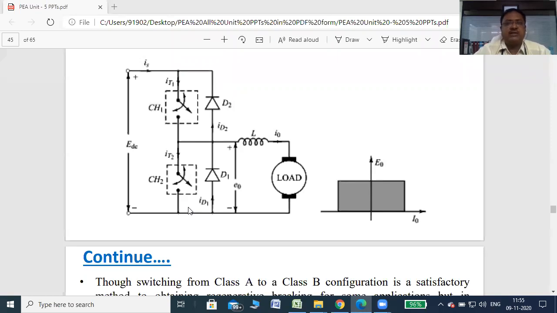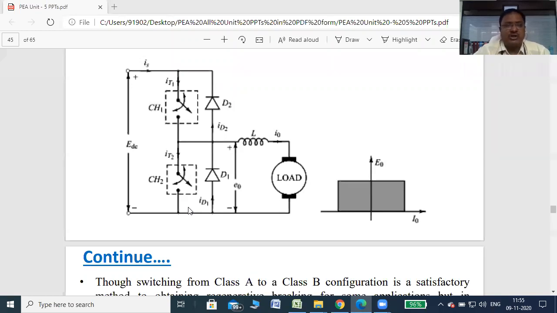But all three circuits are not shown in the figure for simplicity. You should keep in mind, whenever we use SCRs in a chopper, we require a triggering circuit, then a protection circuit, protection from temperature, from high voltage, from high current, and so on.